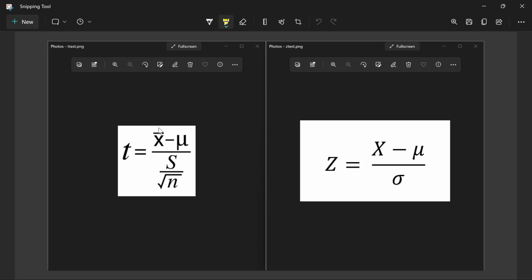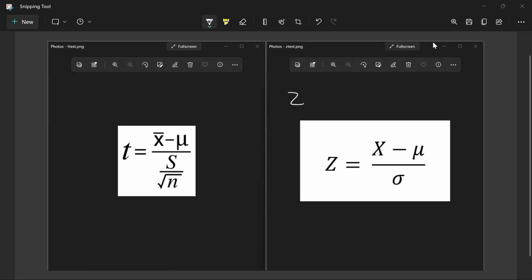Hopefully my computer doesn't crash. Essentially, the idea is that we always essentially use Z. Oh no, it's gonna crash. Okay, let me save this.